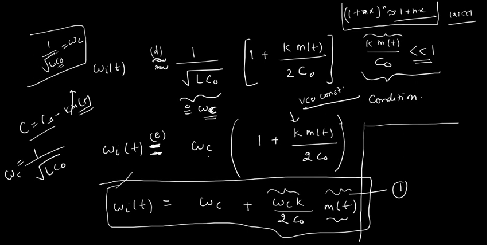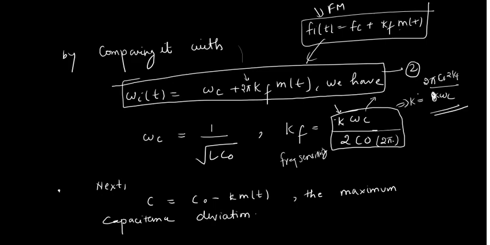So the output of the VCO will be a cosine signal with this frequency. So it's a valid FM signal, but how would we map our K with the frequency sensitivity? The K we have to choose like this. If our frequency sensitivity is given to us, that we want to generate an FM signal with this frequency sensitivity, we have to choose our K in accordance with this equation.